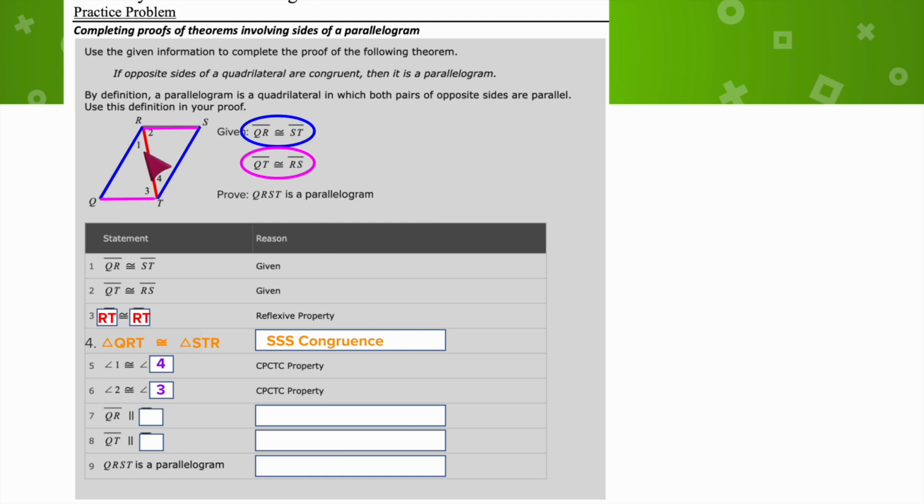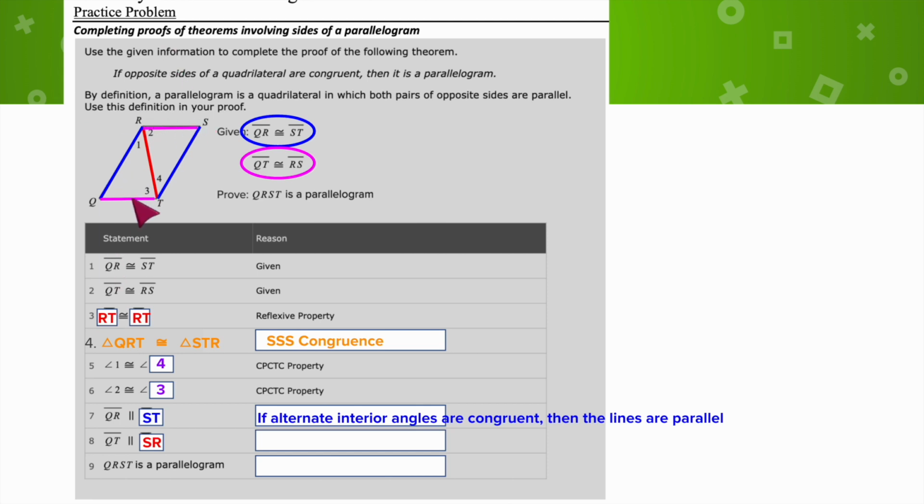Since they're alternate interior angles, that proves that RQ is parallel to ST. So that's in fact what we're going to do here. RQ is parallel to ST. The bottom is parallel to the top because of alternate interior angles. So if alternate interior angles are congruent, then the lines are parallel. And same thing with QT. QT is parallel to RS.